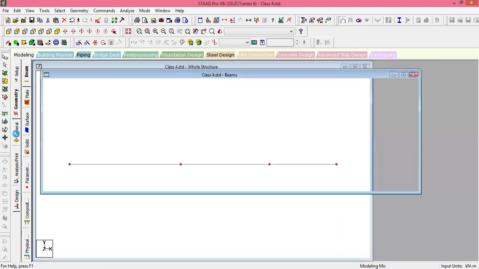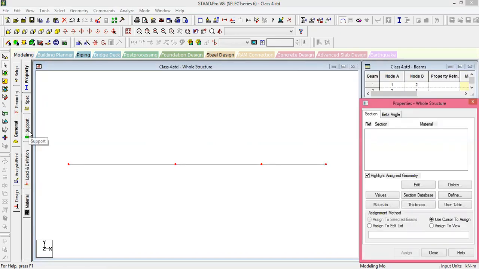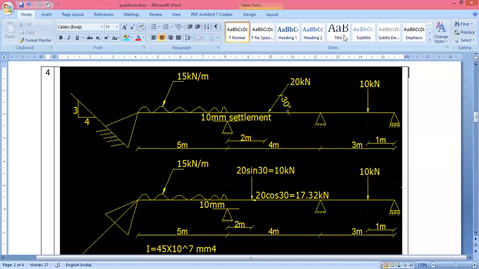Go to support. We have various types of support here. The first support was an inclined support, and then there are two pin supports and one roller support. So first we will create the inclined support. For the inclined support, we need to understand a few things.